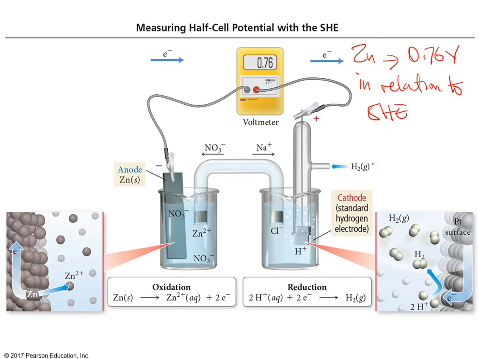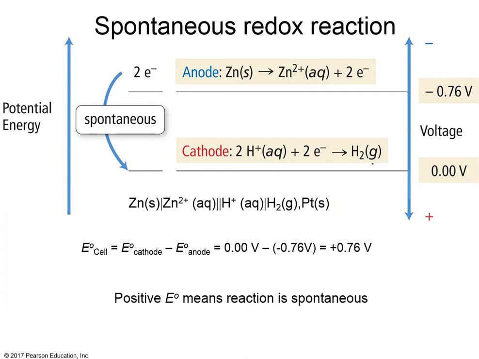You can do the same thing. So what we are saying is, when you connect the zinc to the SHE, so this is the reaction for SHE, the standard hydrogen potential, zinc is going to lose electrons.